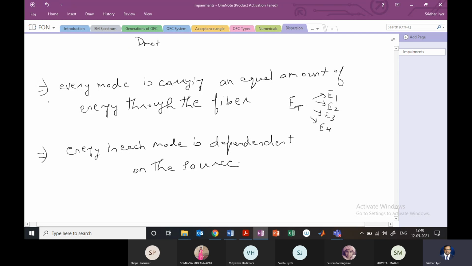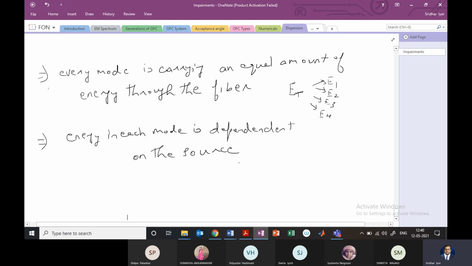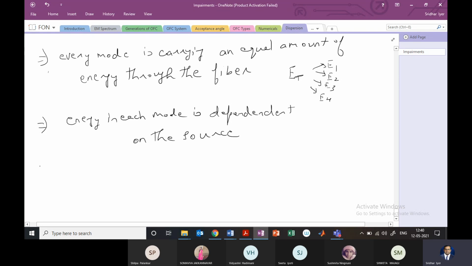But as we have seen yesterday and just today in that graph, the source is not emitting at a certain wavelength. It is emitting at multiple wavelengths, because of which this energy E1, E2, E3, E4 in our example will also be emitted at different wavelengths, and because of which the velocity is also going to change, right? And due to this change in the velocity, each of these modes or each of this energy will reach the output at a different time, and therefore dispersion is going to occur, right?